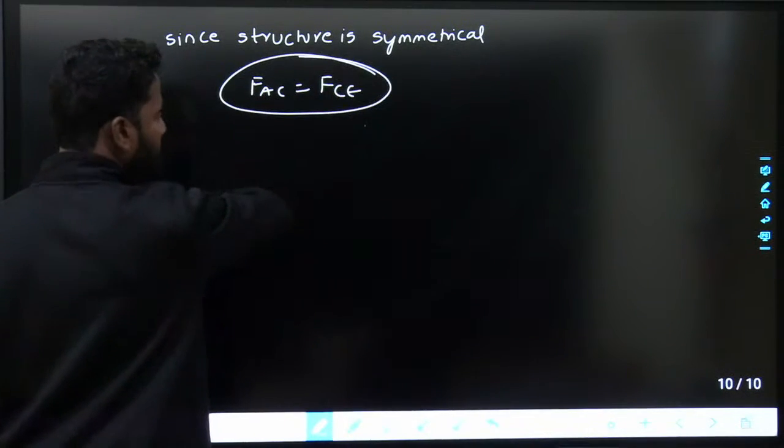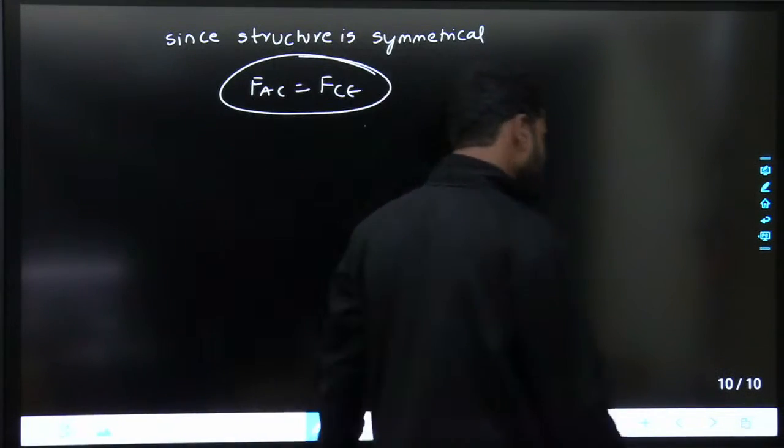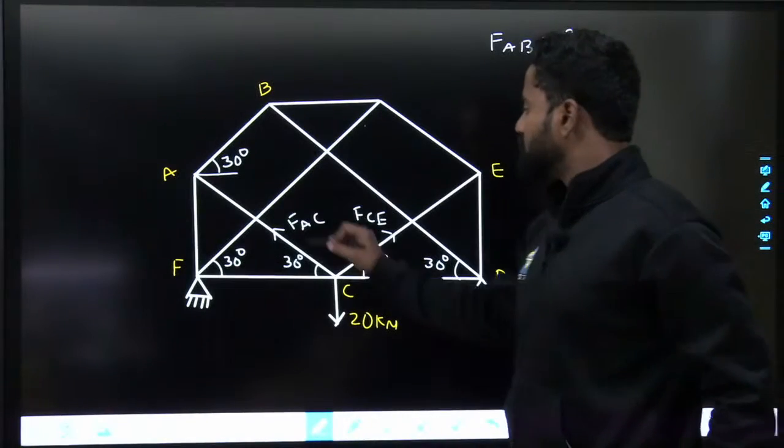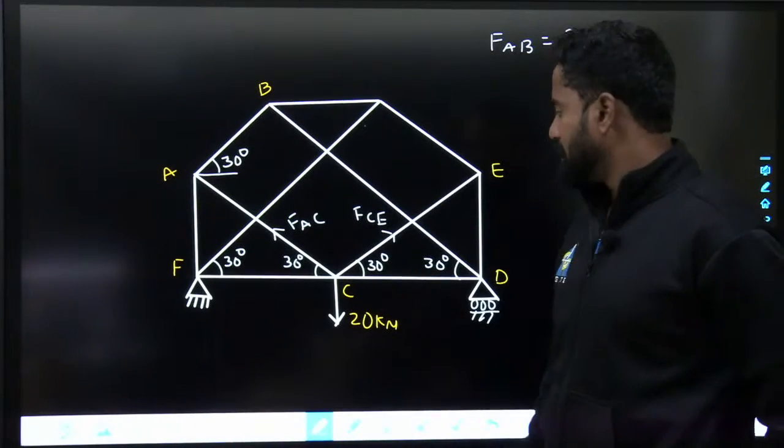This is the first thing that you have to see in these types of questions. Force in AC equals force in CE.